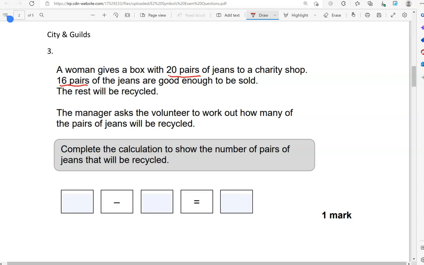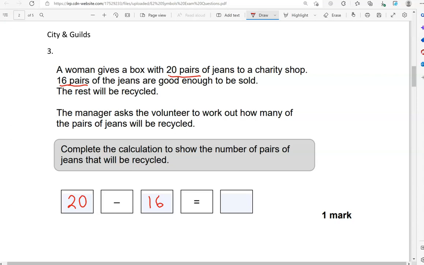Complete the calculation to show the number of pairs of jeans that will be recycled. The total number of pairs is 20. If we take away the 16, which is the number of pairs that are good enough to be sold, then the rest will be the number of pairs that will be recycled.